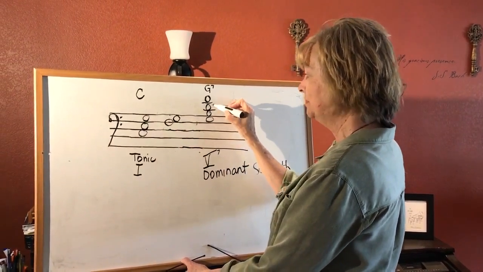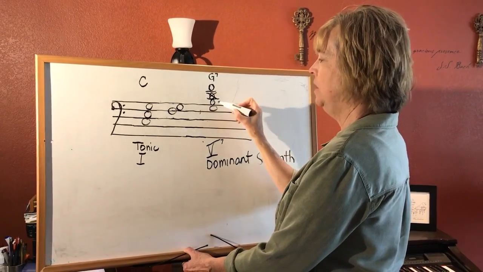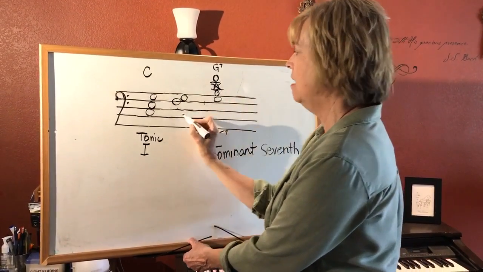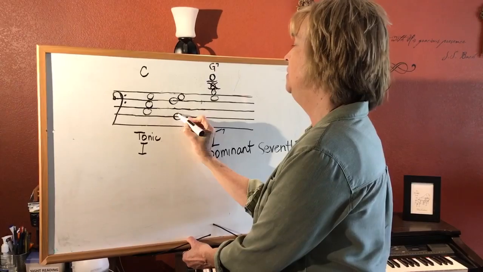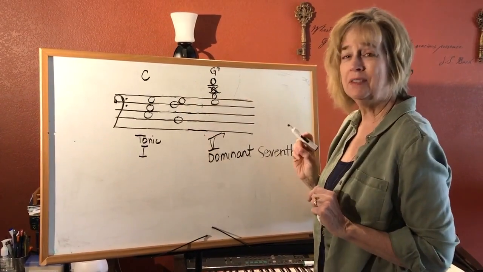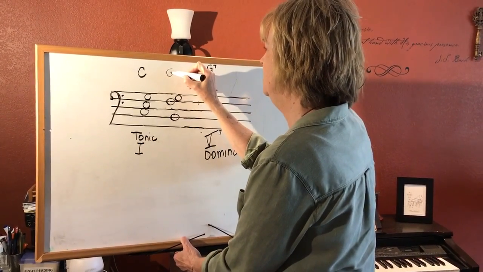And this one, I'm going to get rid of that one. It's not so incredibly important. And this B right here, I'm going to put it an octave lower. And so believe it or not, this chord and that chord are the same chord, and we can still call it a G7 chord.